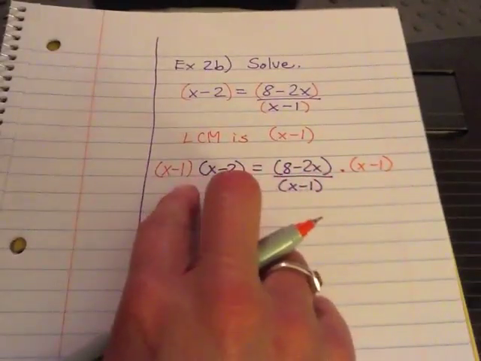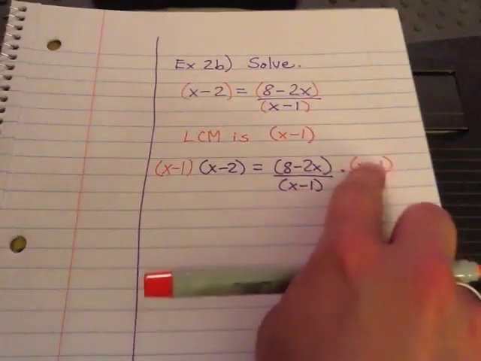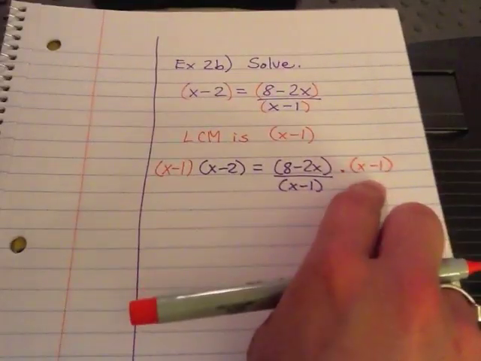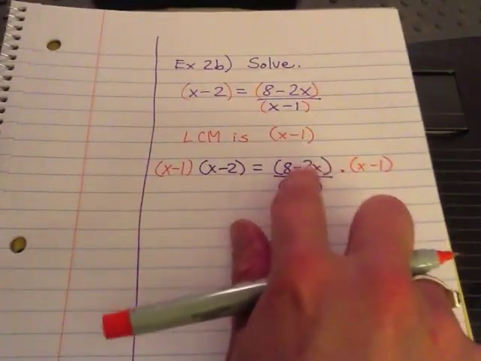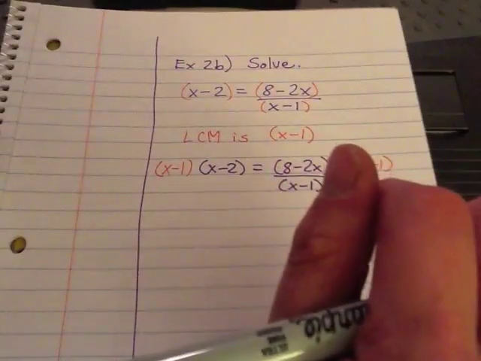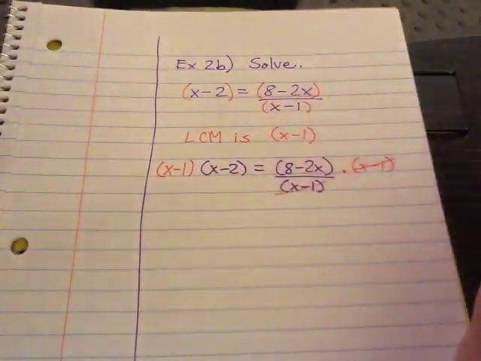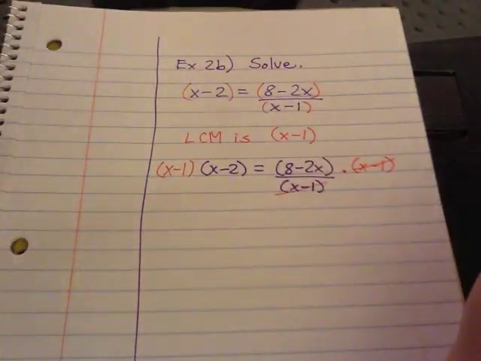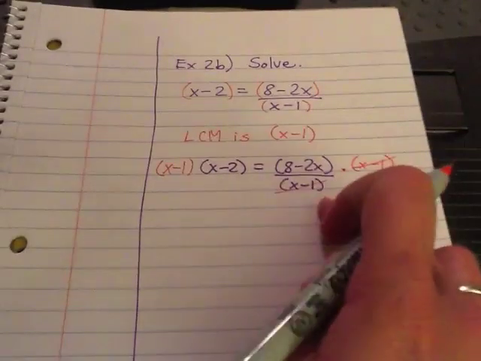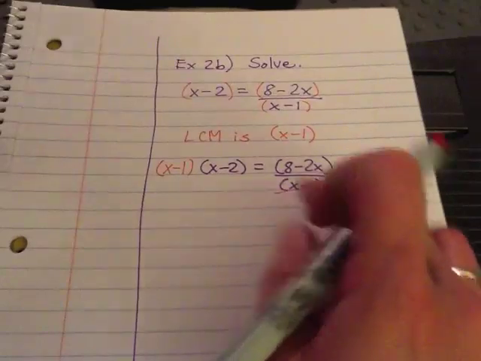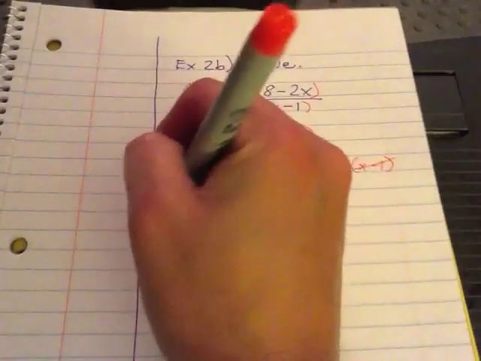So I'm multiplying that by x minus 1. It's a little tricky because these are kind of combined terms there. But what you find is that these x minus 1's cancel. So you did exactly what you needed to, which is get x out of the denominator. And now you should all remember how to do that.